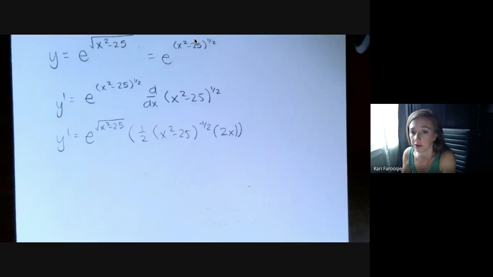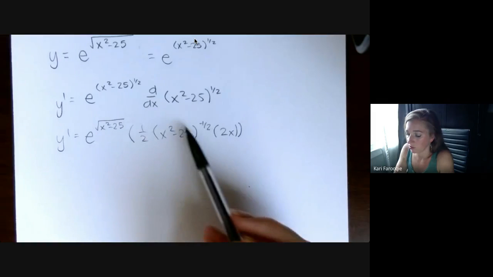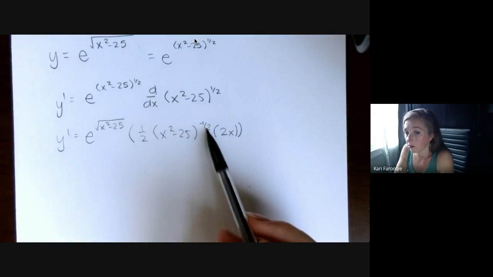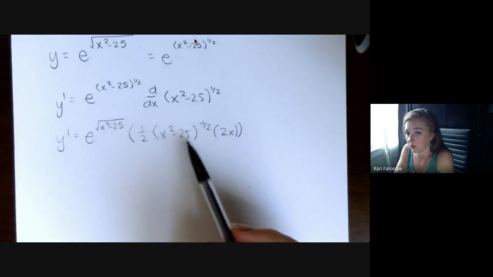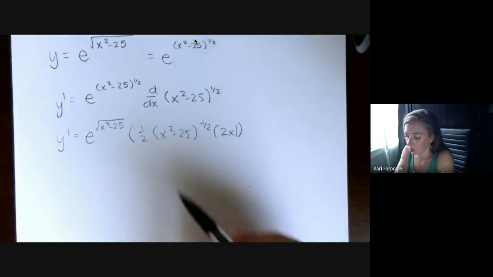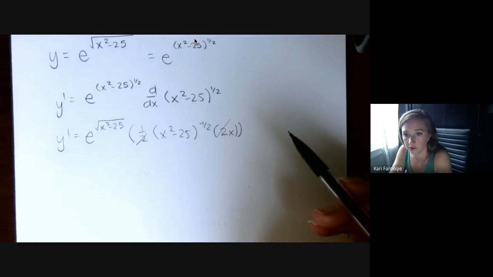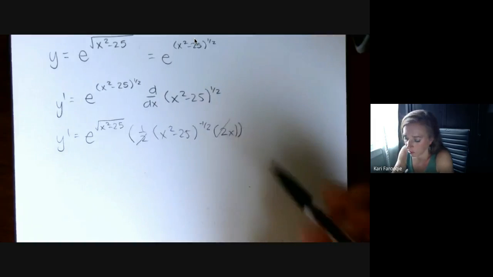So that was double use of the chain rule. So the power came out front, rewrote the inside function, subtracted 1 from the exponent, and the inside function still had a derivative, which was 2x. When you do that, notice that the 2's will cancel. One of them's in the numerator, one's in the denominator.